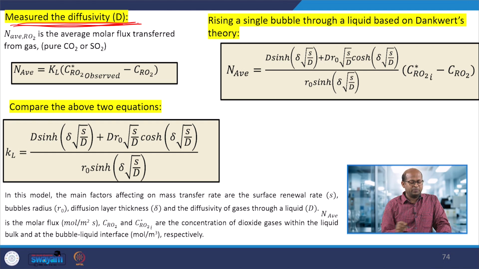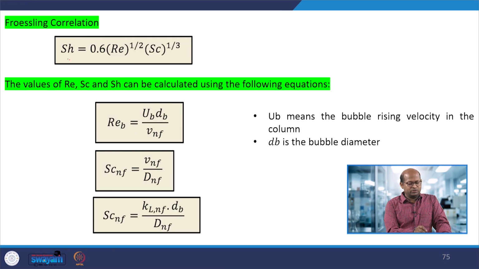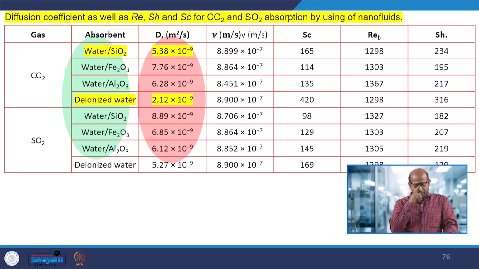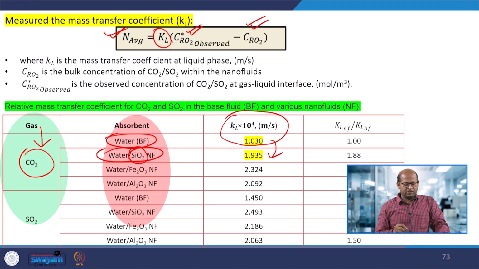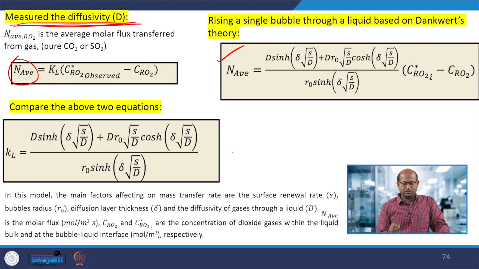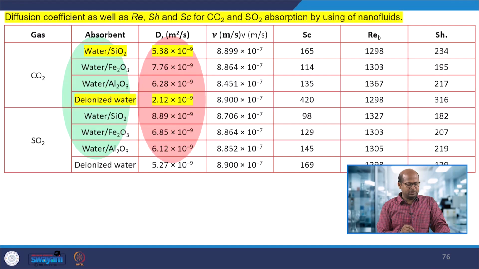So we can even measure the diffusivity. If we know the flux, then using these Frossling correlations, if you know the Reynolds number and Schmidt number, then the mass transfer coefficient we can find out, and by using these equations diffusivity we can find out. The diffusivity is expressed as a capital D, in meter square per second.